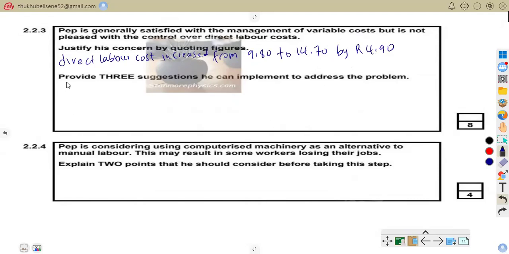Now we are asked to provide three suggestions that can be important to address the problem. So: train workers to work effectively. Also restrict overtime.